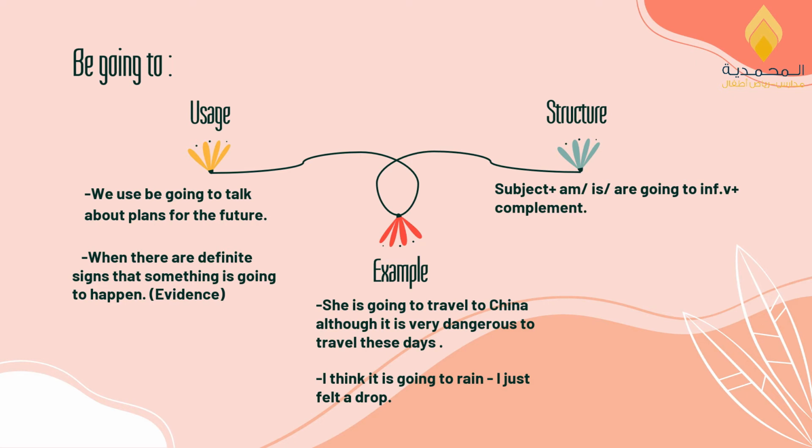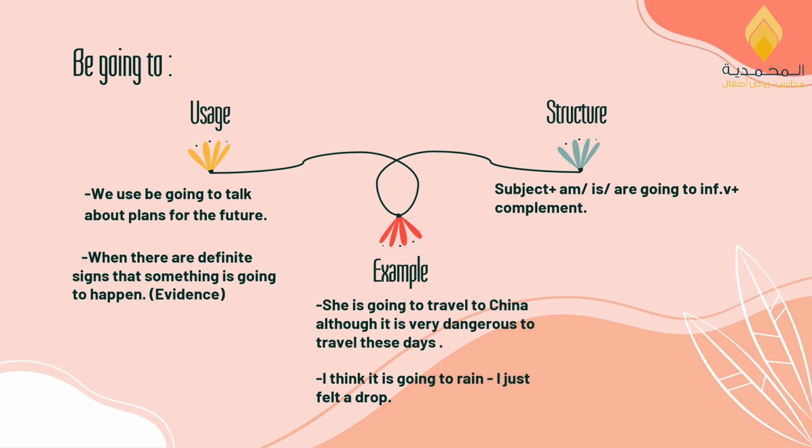The structure is as any sentence in English, starting with the subject, followed by the verb to be, am, is, or are: I with am, singular with is, plural with are, then going to.